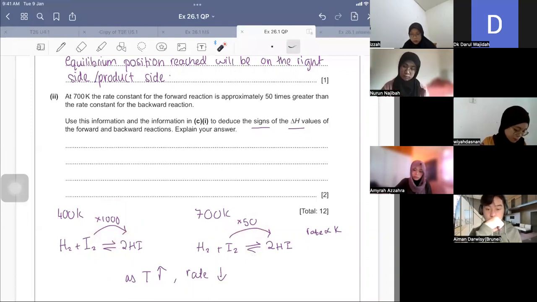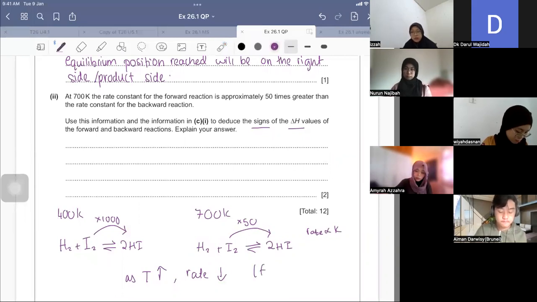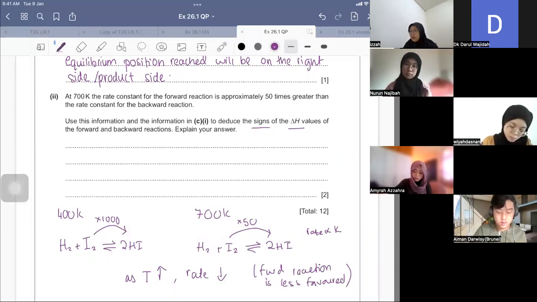That means what happens? It is now starting to favor the backward reaction. So with temperature increasing, the forward reaction is less favored. If we remember from Le Chatelier's principle, an increase in temperature will favor the endothermic reaction.